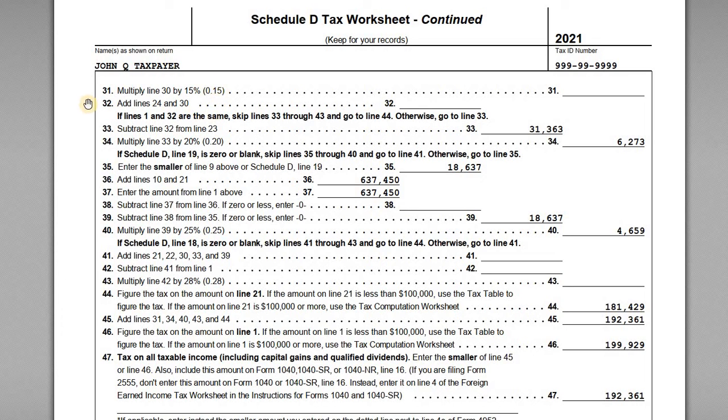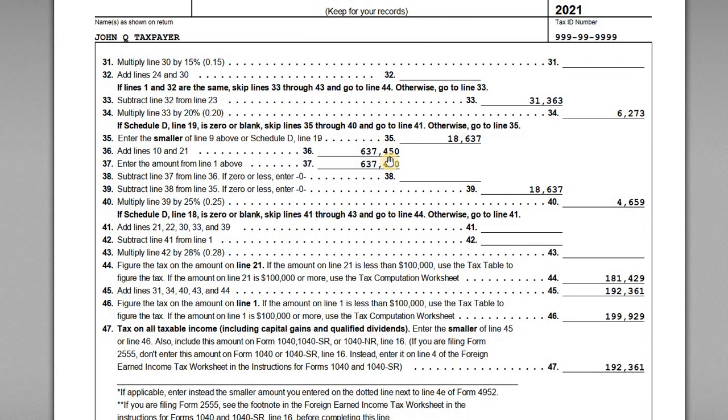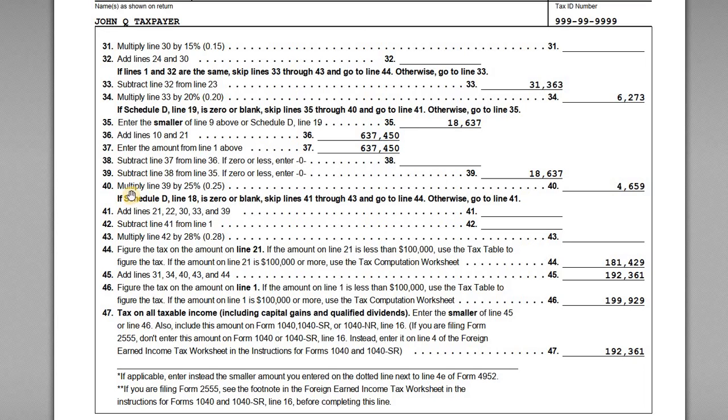Notice this part of the worksheet up here, lines 31 and 32, 15% rate if you're in a lower bracket, and we'll see that's going to apply to Jane. And then on lines 35 through 40 here, we see the rest of it, the 18,637, that's the unrecaptured 1250. And on line 40, we can see that John is going to be paying the maximum 25% on his 18,637.